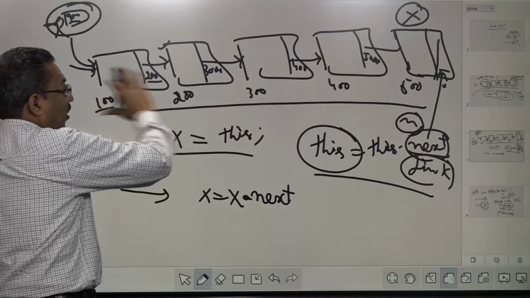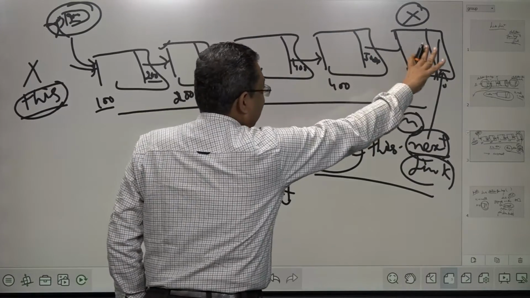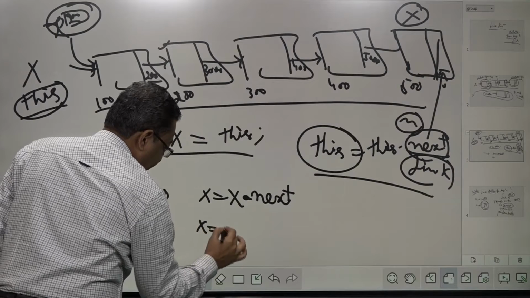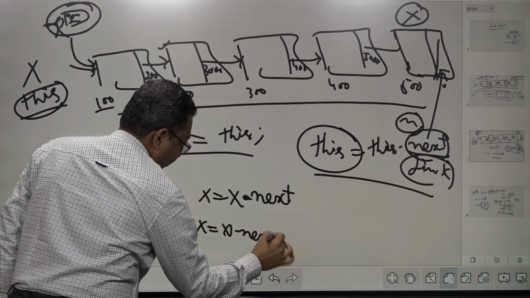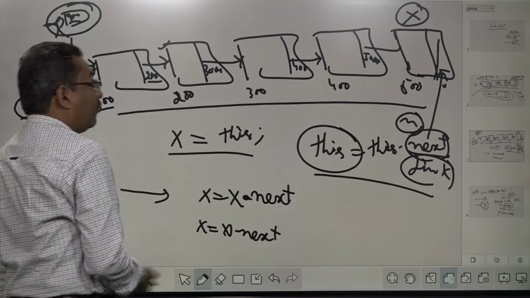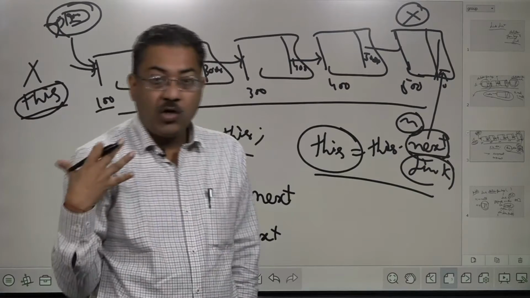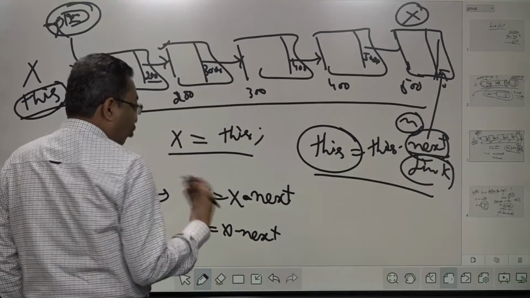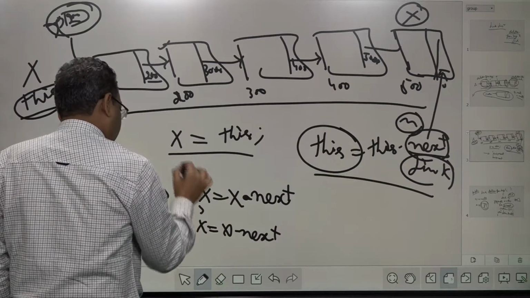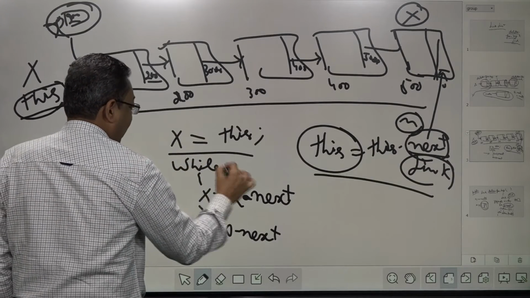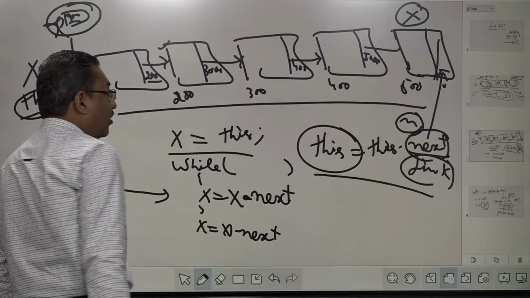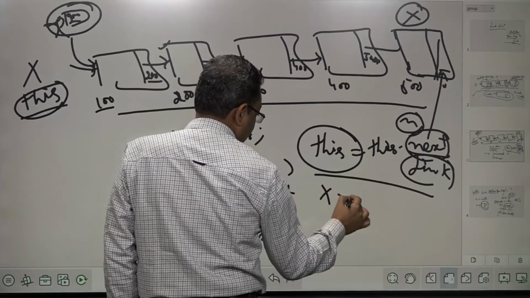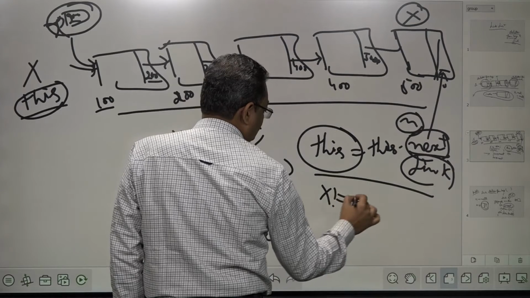Right? So what do I have to do? I have to go for its traversal. I have to repeat this statement depending upon the number of nodes in the list. For that, I can go for a loop, like while, and here I have a number of options. x is not equal to null.